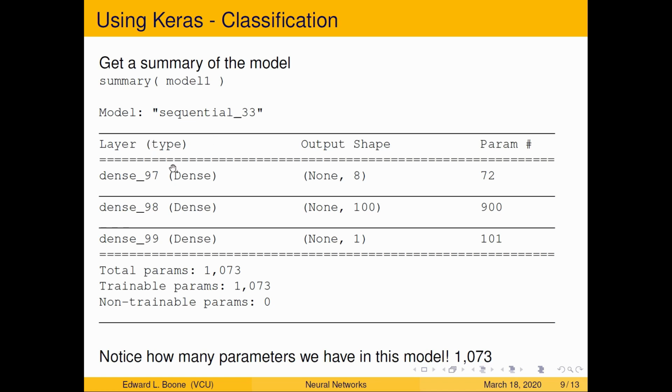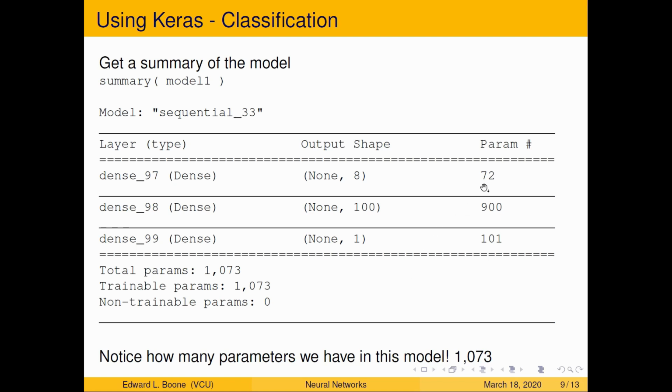All right, so what it does tell me is my first layer is dense, and its shape is none and 8. Dense, none, and 100. So these layers don't have to be layers like you're thinking of them being layers. They can be an array of nodes, not just straight, linear layers. Okay, then dense_99 is none and 1.